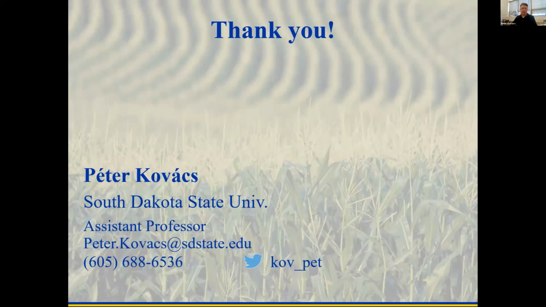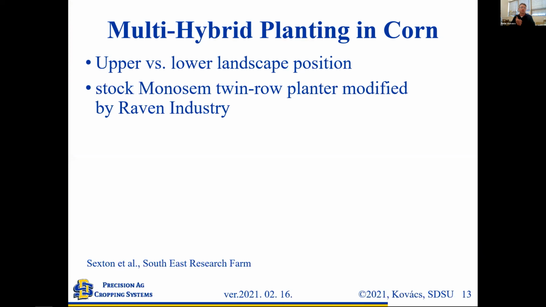Since I read this question, I realized I forgot to include it in my slides on the original talk. A colleague of mine at the Southeast Research Farm was comparing some of these upper versus lower landscape positions using different varieties or hybrids, both in corn and soybean, with a modified twin row planter.